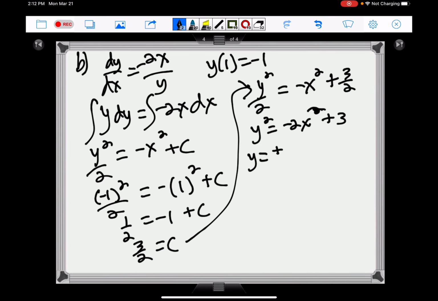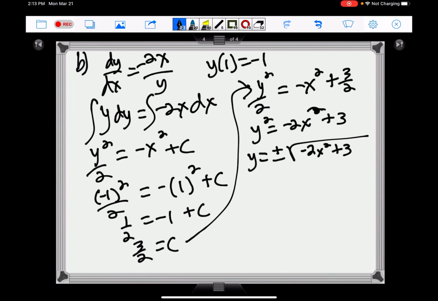Square root, plus or minus, but we have enough information now to figure out which one it is. Is it the plus or the minus? It's the minus, because the y is negative.